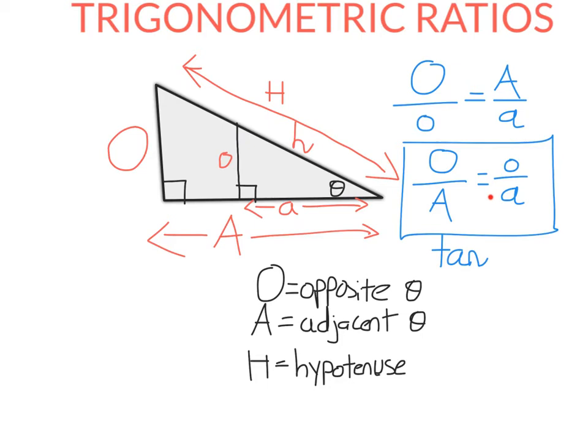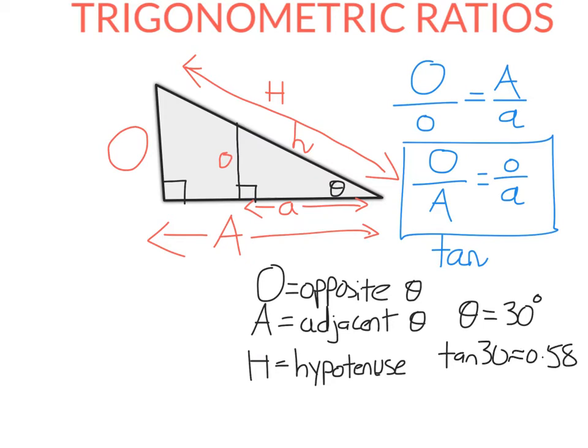So what were we doing over here? Well, what we're saying is if I know what this angle is, this ratio, O over A, is fixed. So for example, if I know that theta is 45 degrees, the ratio of O to A is 1. That means they're the same length. It turns out if theta is equal to 30 degrees, the tan of 30 is about 0.58.